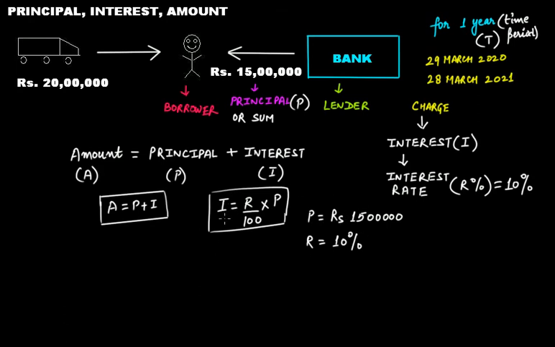Therefore, I is 10% of this principal amount, that is 15 lakh. Again, the interest rate is used to calculate the interest, and this interest is calculated on this principal amount. So the interest is 10% of this principal amount.